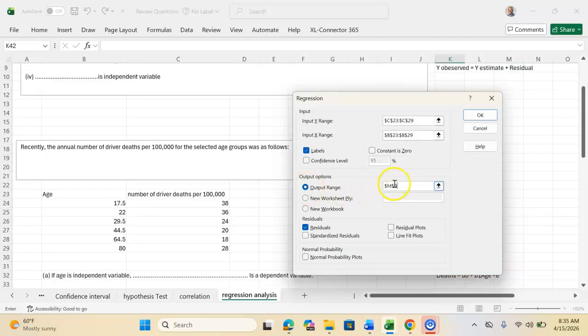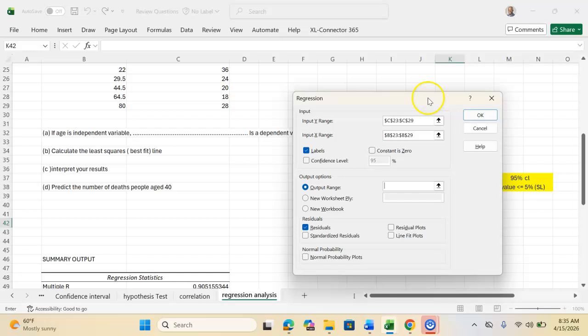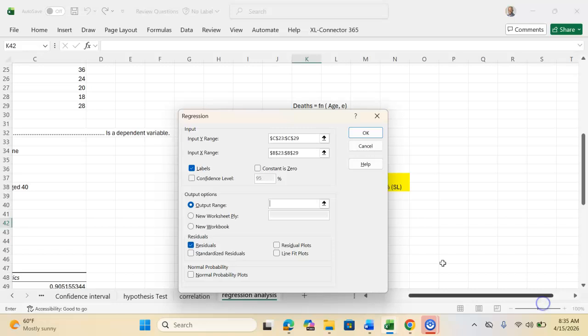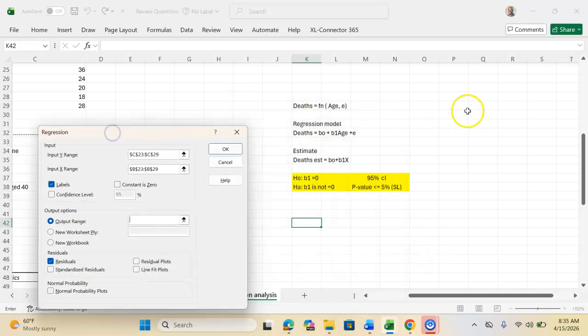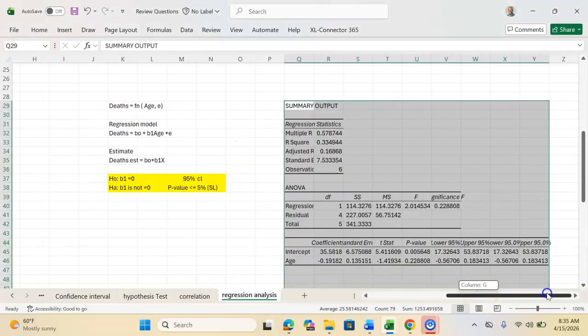Click on output range and make sure it's not on top of what we already have, so I'm going to select the output to be here on the other side. Leave the confidence level at 95%, and select residuals. Then click OK, and you have your results.